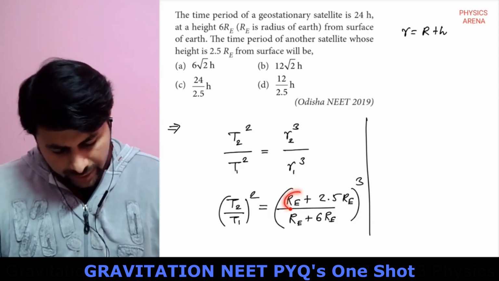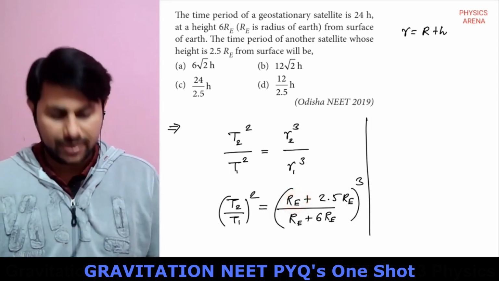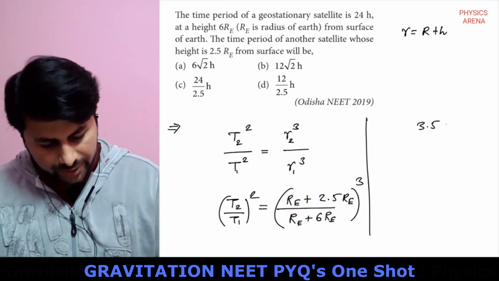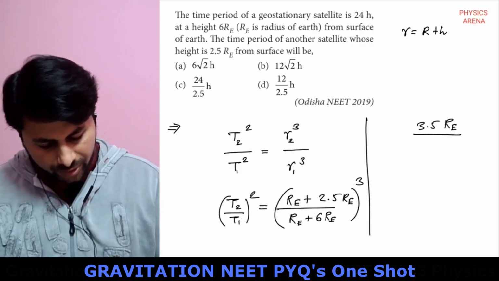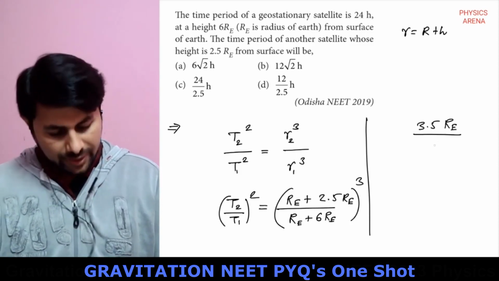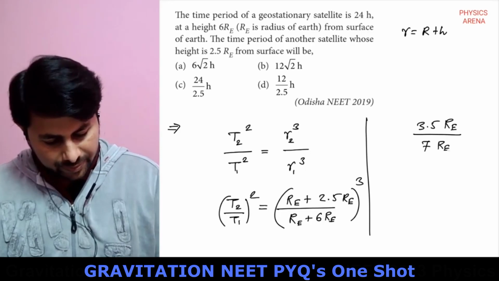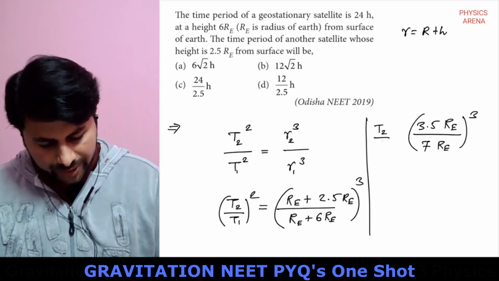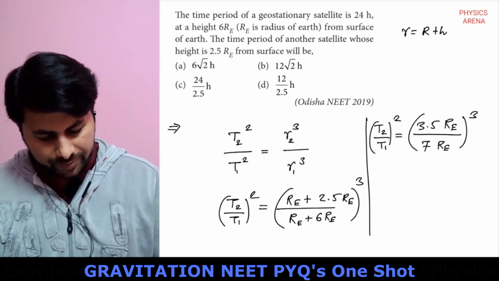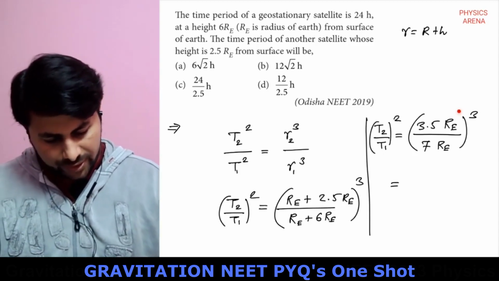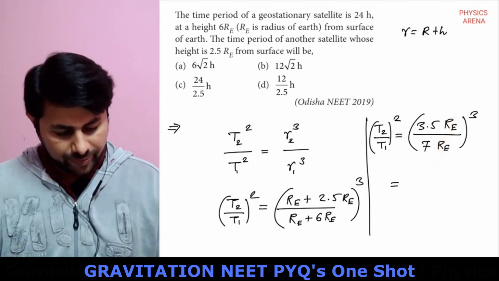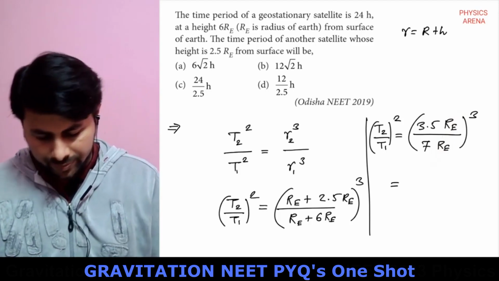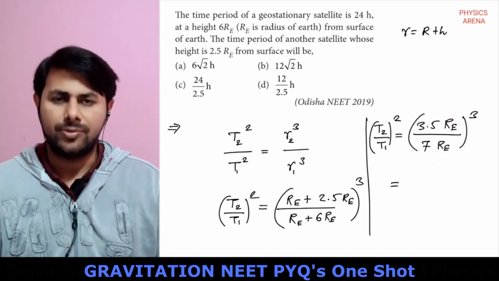So RE plus 2.5 RE is 3.5 RE, 3.5 RE, and in the denominator you have 6 plus 1 RE, that is 7 RE, and then you have the cube of that. This is T2 by T1 square. Okay, so RE and RE get cancelled out. Then 3.5 upon 7 is 1 by 2. So you have 1 by 2 cube.